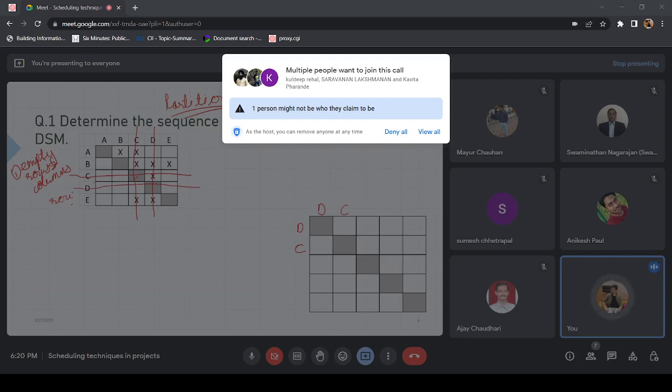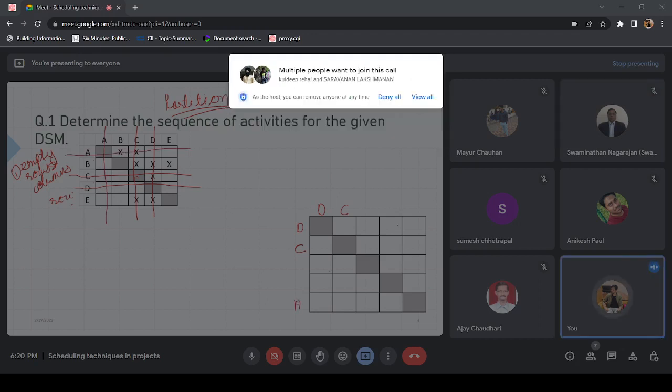Which of the following has empty column? I guess A has empty column. A is empty. So for empty column, we are going to move it at the end. Now coming to the next, if you go by empty column logic, we have got B.